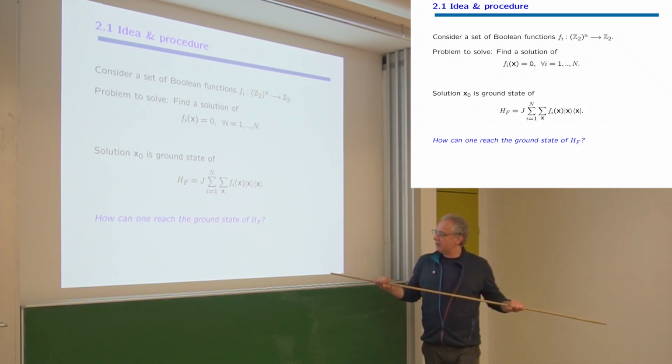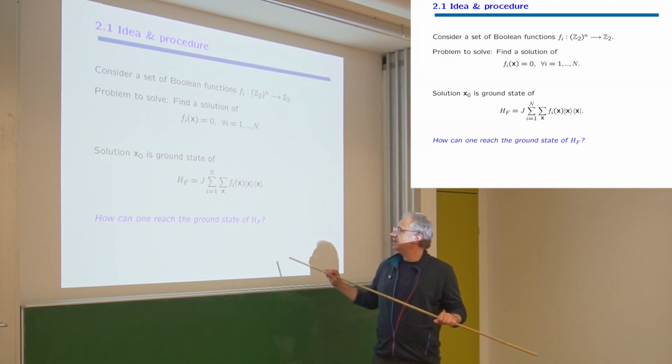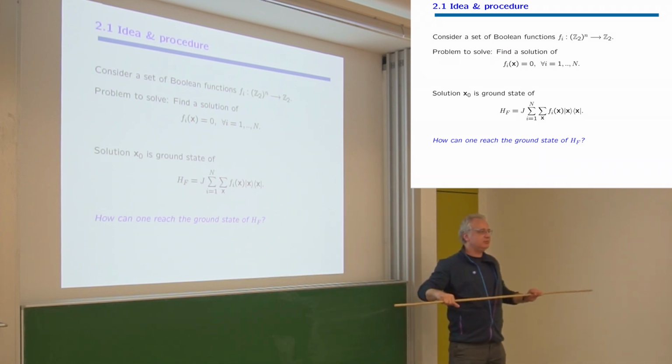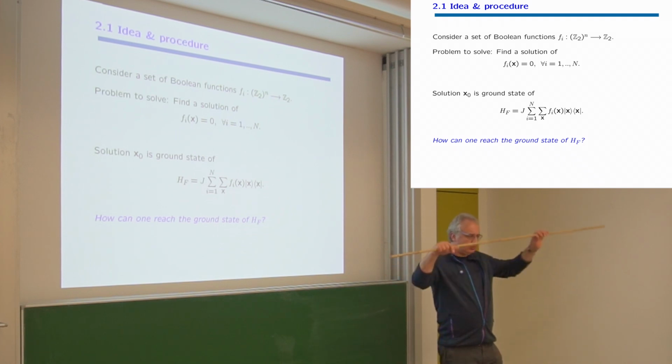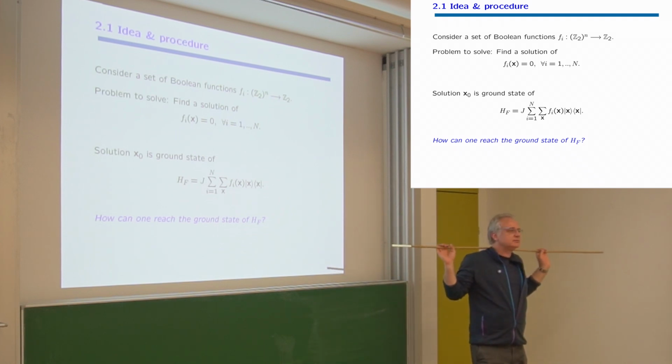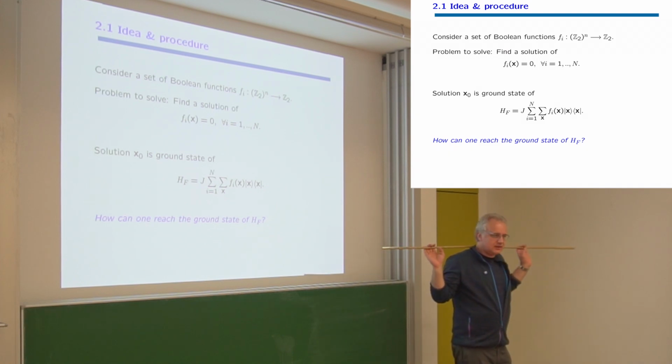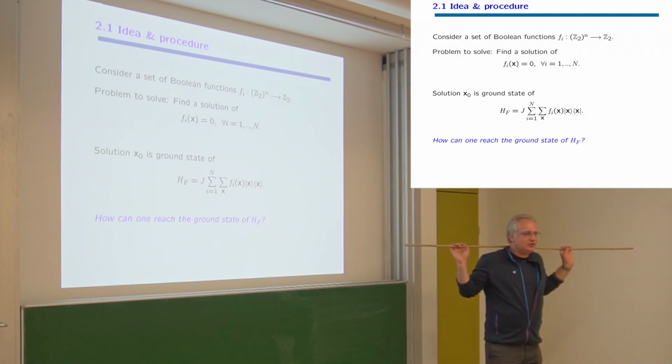Okay, so all that remains to discuss is how the ground state of such a Hamiltonian can be reached. How do we reach a ground state of something? We cool. Yes, that's something we can do. But sometimes this doesn't work. Systems like glasses, for example, have difficulty finding their ground state, and it takes them a very long time to get reasonably close to it.